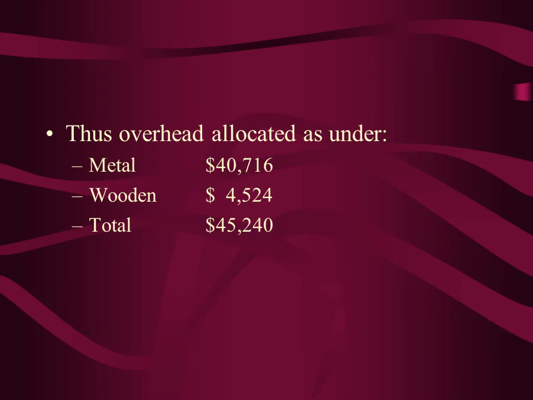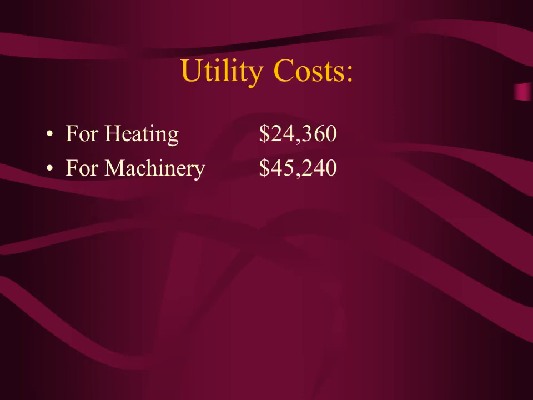So on the basis of the cost driver, the overhead allocation is to metal $40,716 and to the wooden cabinet $4,524. Okay, now the estimated utility costs for heating purpose are $24,360 and for machinery $45,240.